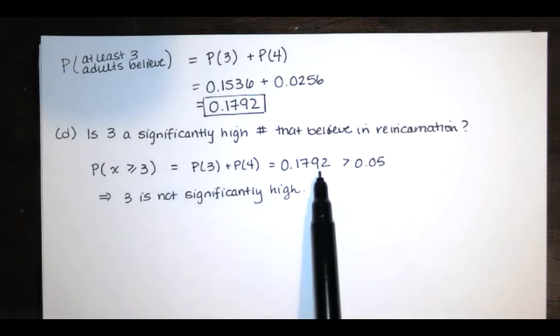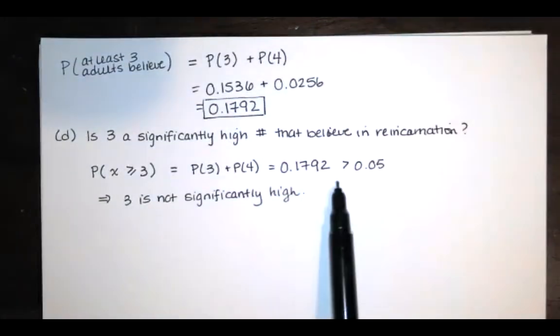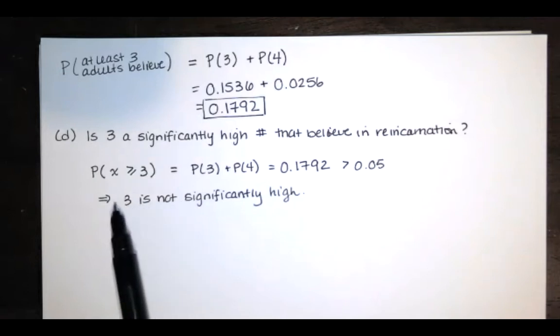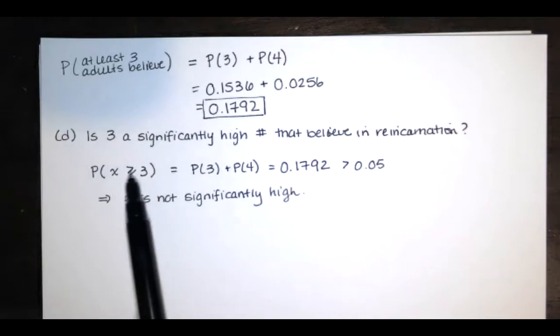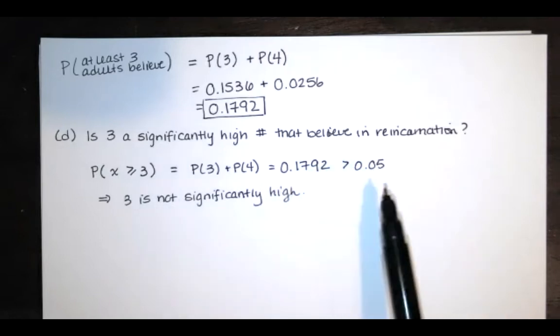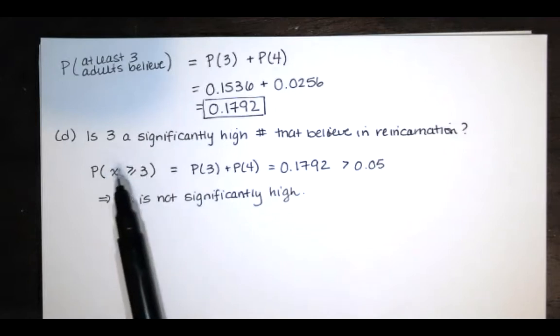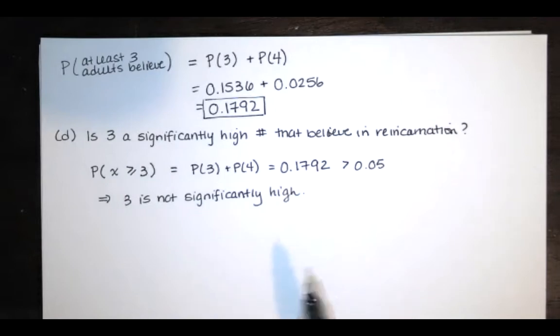Now, if the number is greater than 0.05, then we'll say that it's not significantly high. But again, this is the idea. We'll say that this value is significantly high if the probability that x is equal to that value or greater than that value is less than or equal to 5%. Because if it's less than or equal to 5%, then that value and all the values beyond it are pretty rare. And then we would say that that's significantly high.